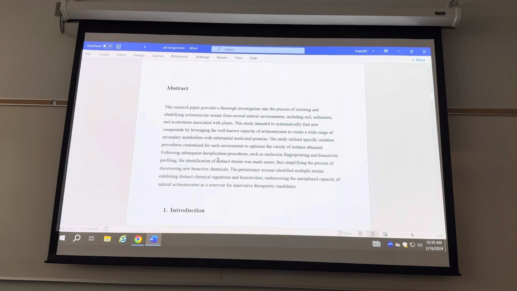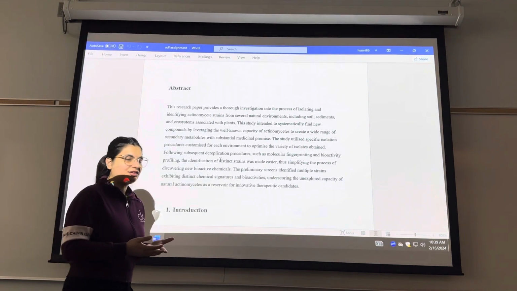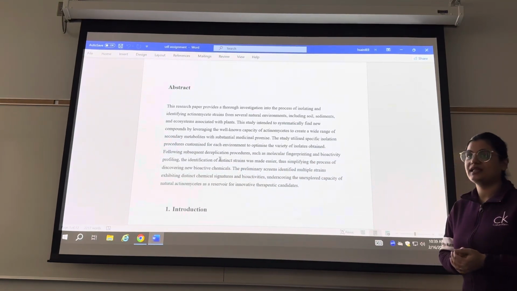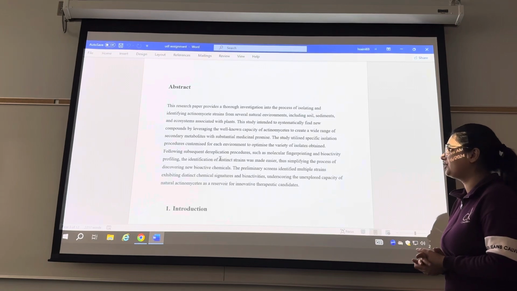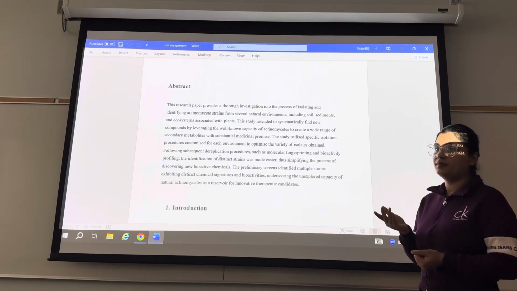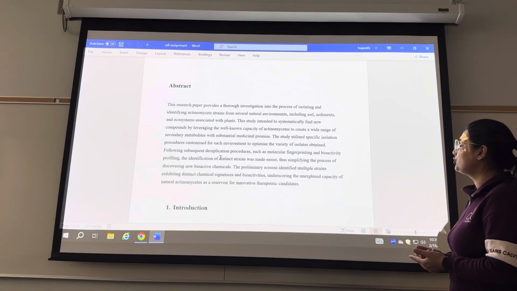If we talk about the abstract, in the abstract, why we are doing this research: our research will provide us the process of isolation and identification of actinomycetes from various natural environments, which include, as I earlier mentioned, soil, sediments and ecosystem. Why are we doing this research?